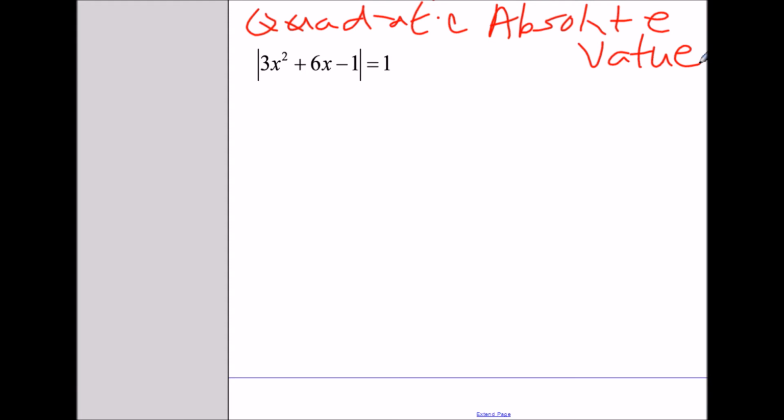Okay. All right, so here, this is even, oh my God, this is going to be so much work. You're going to love this. Here again, you're going to have to check for extraneous solutions. We're going to first start by making two different equations, setting this equal to a positive one and a negative one.